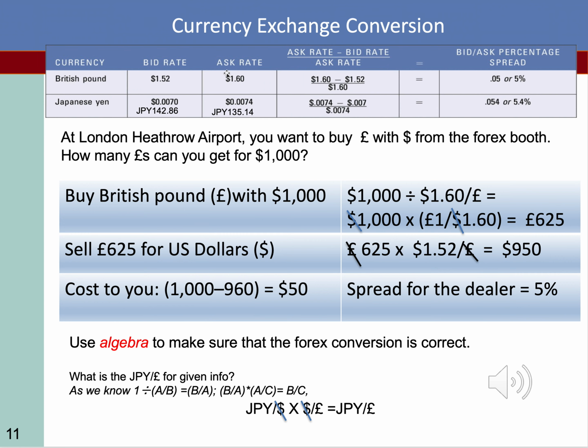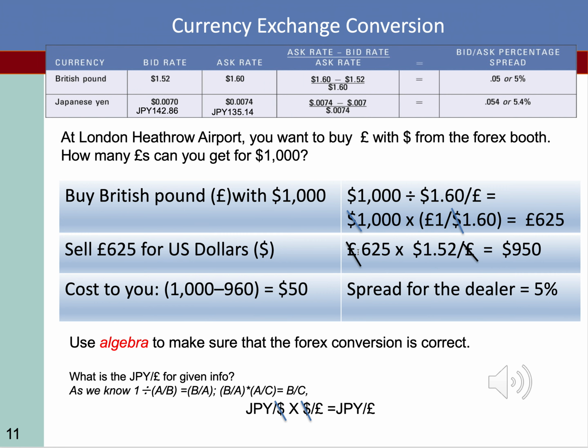Now remember, my rule is for the consumer, you buy high, sell low. You sell your pounds now, so it's 1.52, not 1.6. So here is the math calculation: 625 pounds times 1.52 dollars per pound.